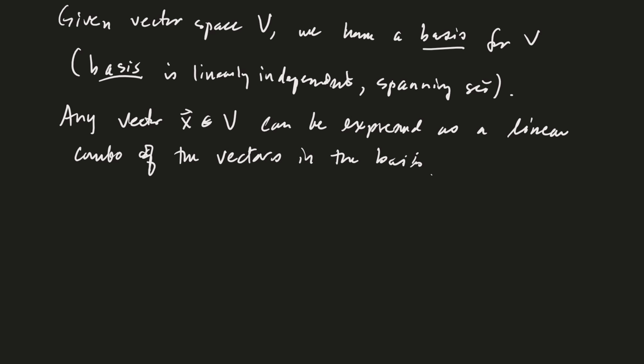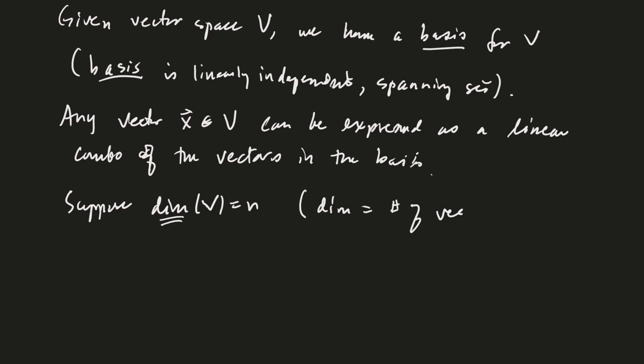So suppose the dimension of V is equal to n. What does that mean? Well, the dimension is the number of basis vectors that you need. So the dimension is equal to the number of vectors in the basis.